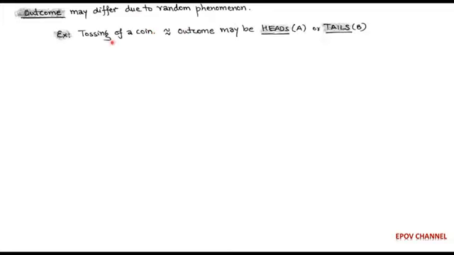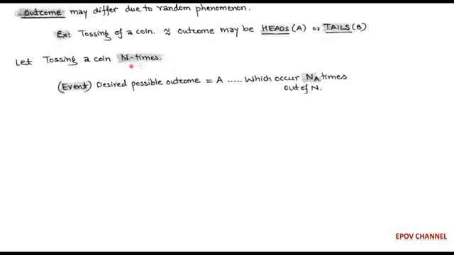For example, in the case of tossing a coin, in this experiment the outcome may be a head A or a tail B. Here the outcome cannot be predicted very precisely. Now let us toss a coin n times, which means there are n trials, and corresponding to these n outcomes, we select a combination of events that is called the desired possible outcome of occurring head A. So the event A is the desired outcome of head occurring any number of times out of the total n trials.